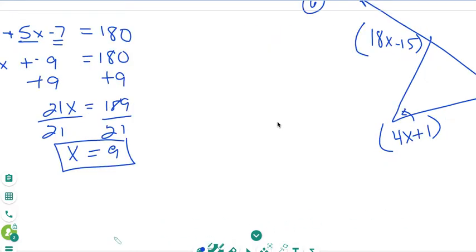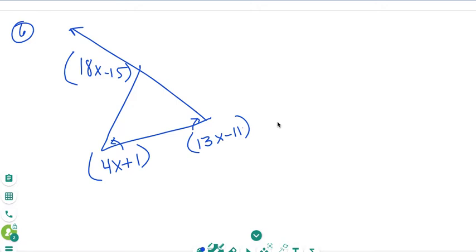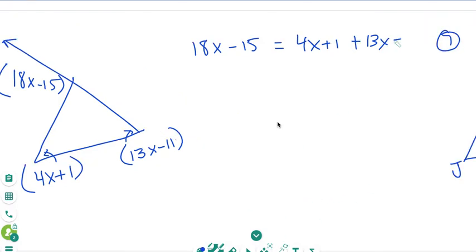Okay, here I have another exterior angle. So I know that 18x minus 15 is going to equal 4x plus 1 plus 13x minus 11. I'm going to go ahead and combine my like terms.